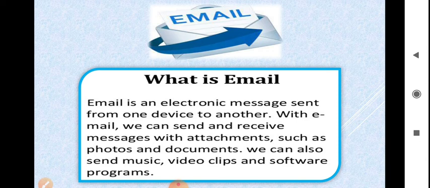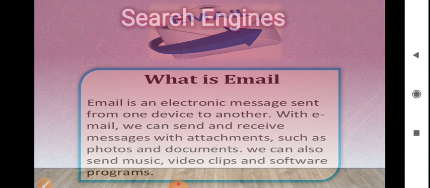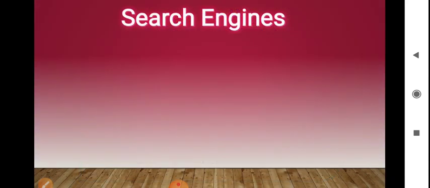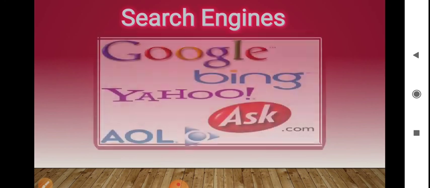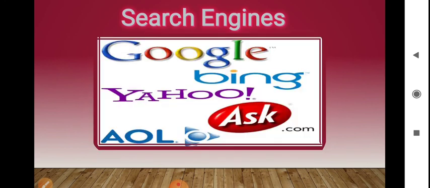Your video clips also, your photos also, etc. Now the next thing we learn is search engines. There are many search engines. Which are they? You can say Google, Bing, Yahoo, Ask.com. These are search engines from where you can work.